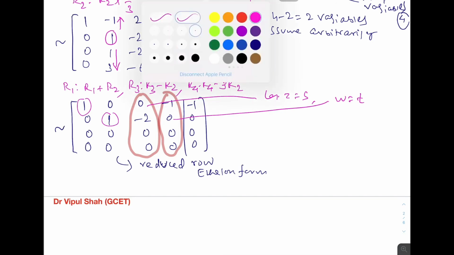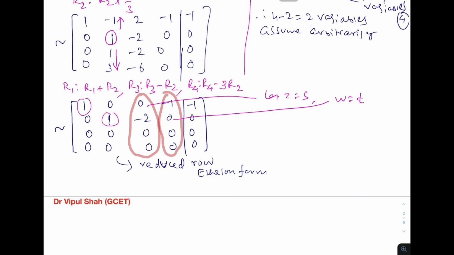Okay. Now what is the equation? Equation is from the first row. This is the first row.